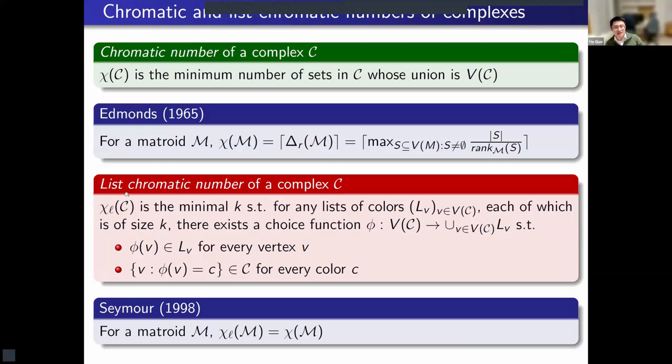Similarly, we can generalize the list chromatic number for a graph to the list chromatic number of a complex. Here is the definition.